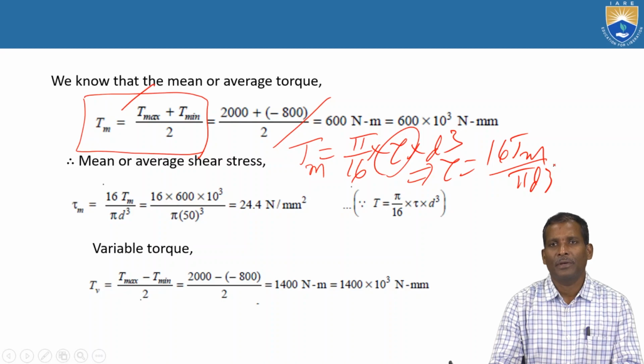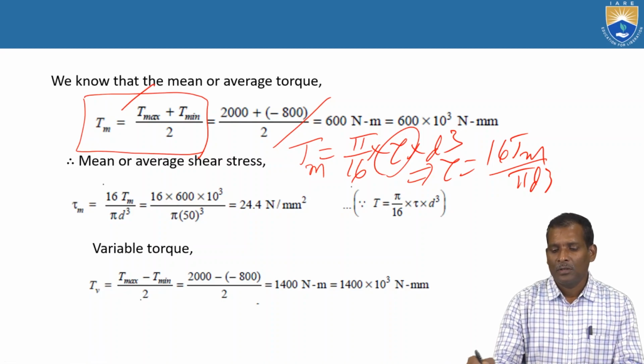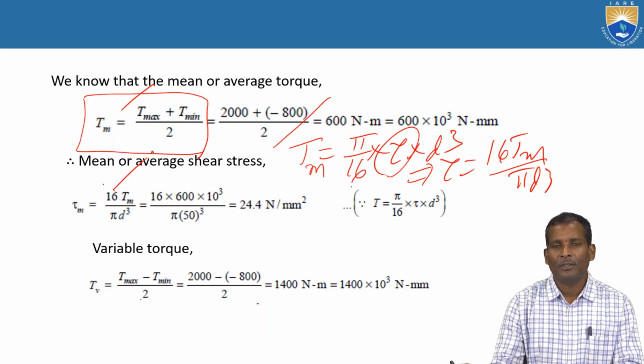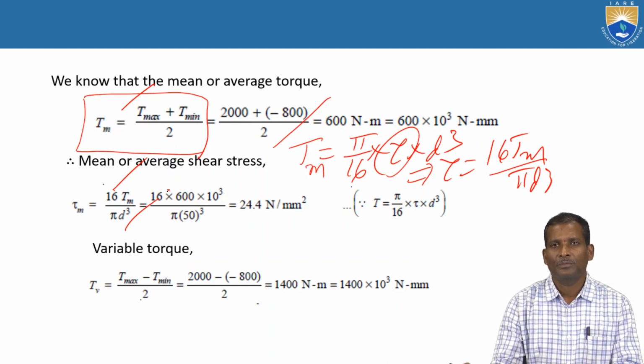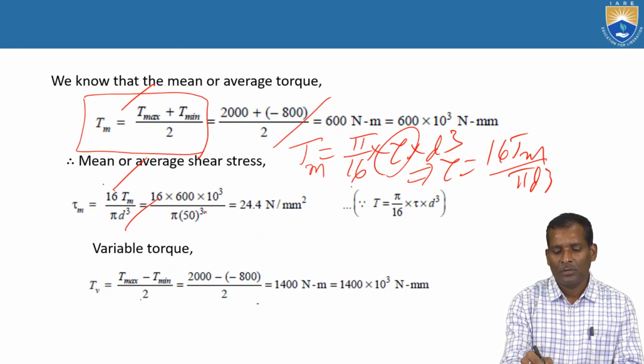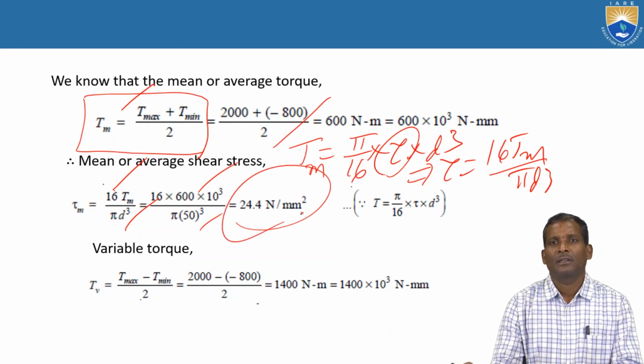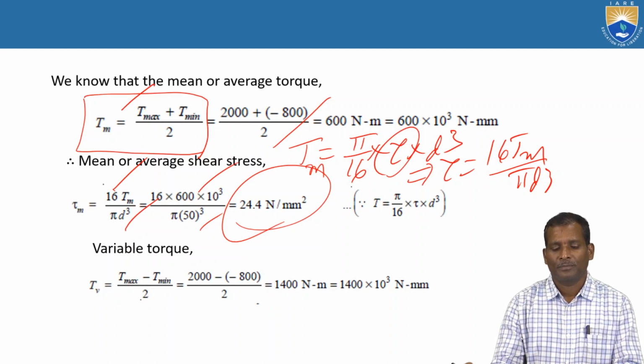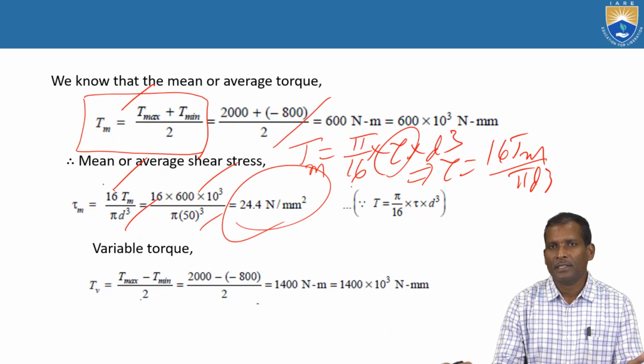Tau mean is equal to 16 into 600 into 10 cube by pi d cube. Substituting the values, d is 50 mm, after calculation you get 24.4 Newton per mm square. So the mean torque and shear stress are calculated.